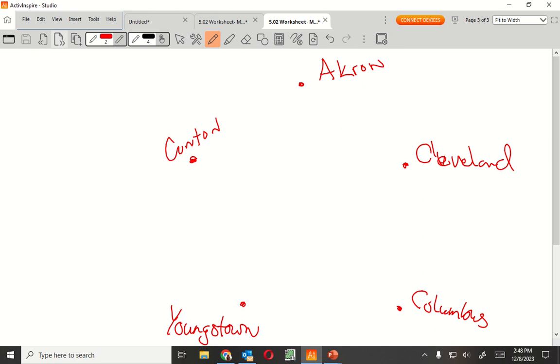Right, and then we're going to connect these cities. As I'm connecting it, I'm going to draw this in. So from Akron to Canton is how far? 23. So do you guys see where the 23 comes from? On the table, the first box right here is Akron to Canton is 23.